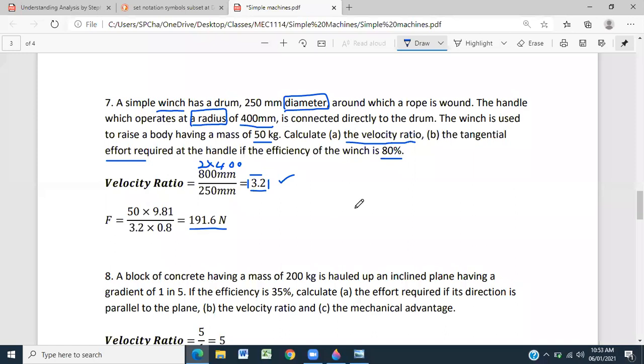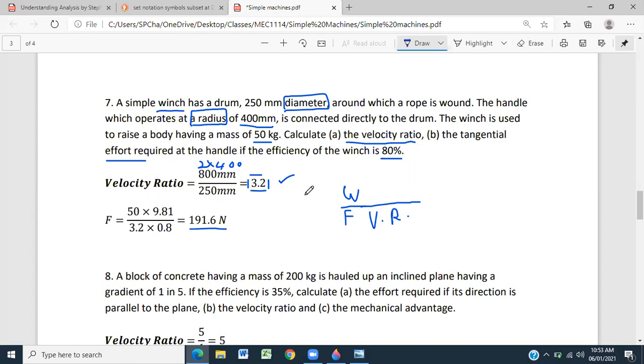But let's just work it out. So mechanical advantage is this weight, the load, divided by F. And this here is your velocity ratio. So this here is your mechanical advantage part, right?